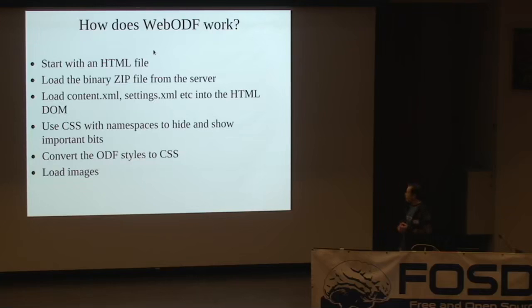So what we need to do is use CSS with namespace support, and I'll show you later how that works, to hide and show the important bits and to format them on a page, on a slide, or in spreadsheet cells. Then we look at what the custom styles are, the bold, the italic, the font used, the size of the font, and we also convert that to CSS so that the file in itself looks good. And after that, we load the images.